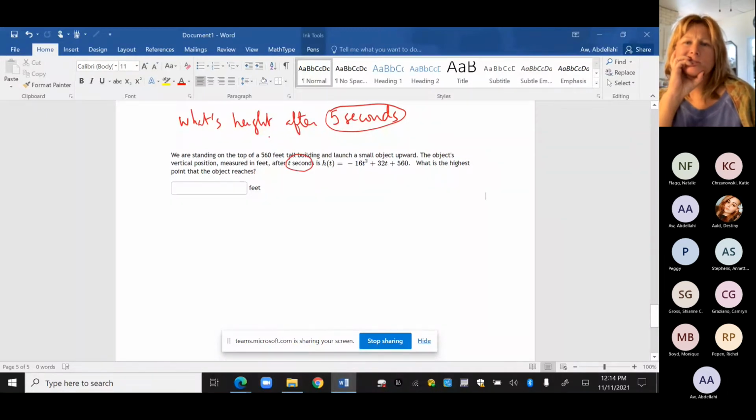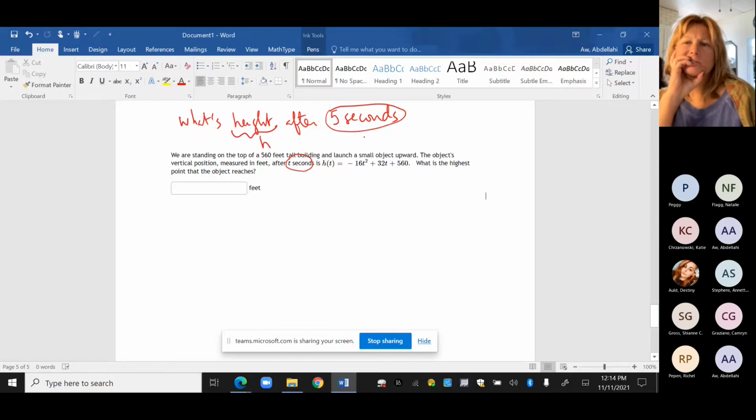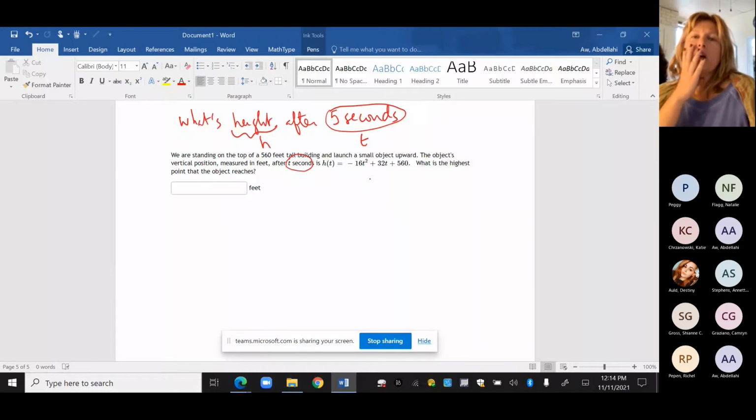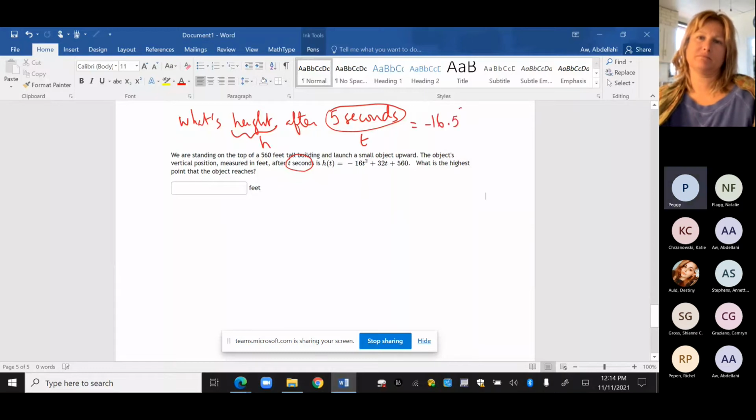The height is the variable h. Everywhere you see t, you substitute 5 before you do the multiplication. So the answer will be negative 16 times 5 squared plus 32 times 5 plus 560.